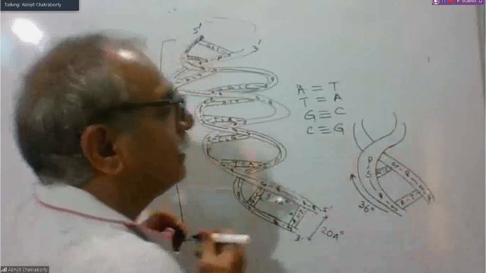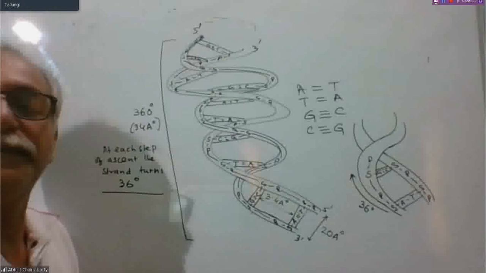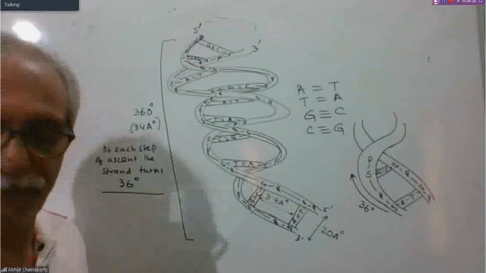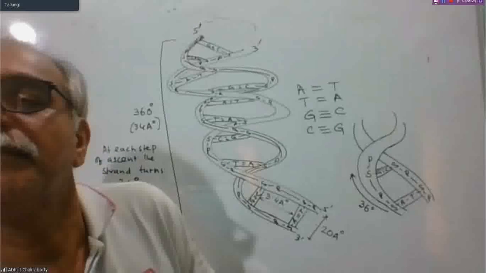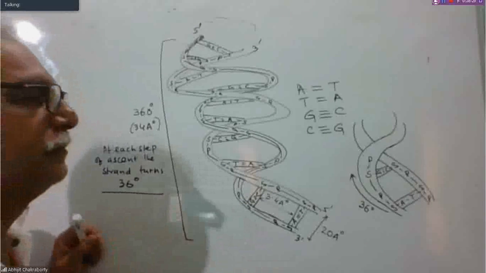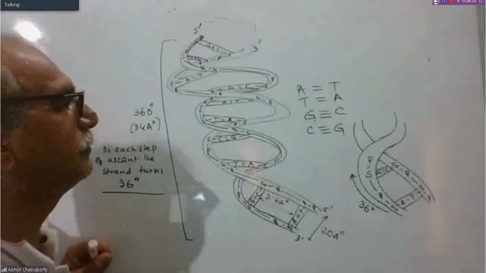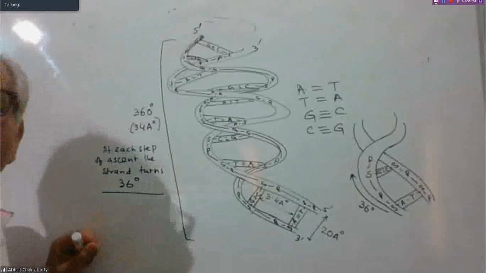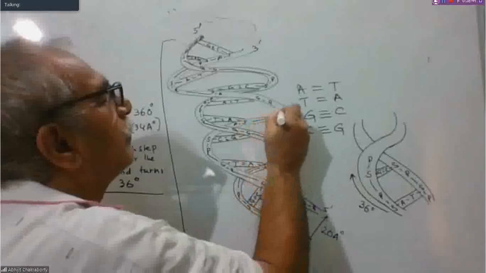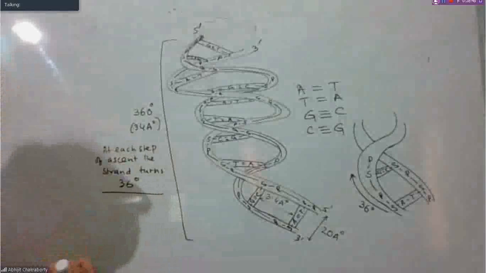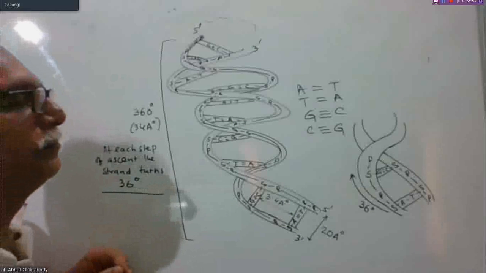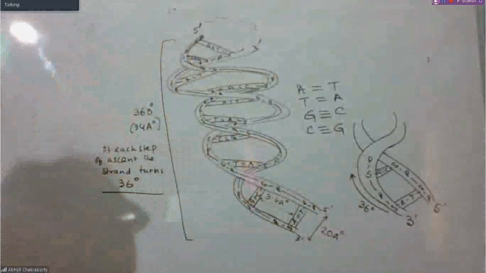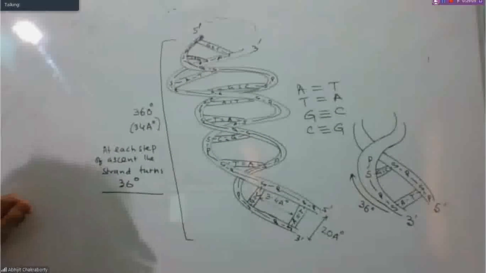So you can call it the backbone of the DNA, formed of sugar and phosphate. Is it clear?